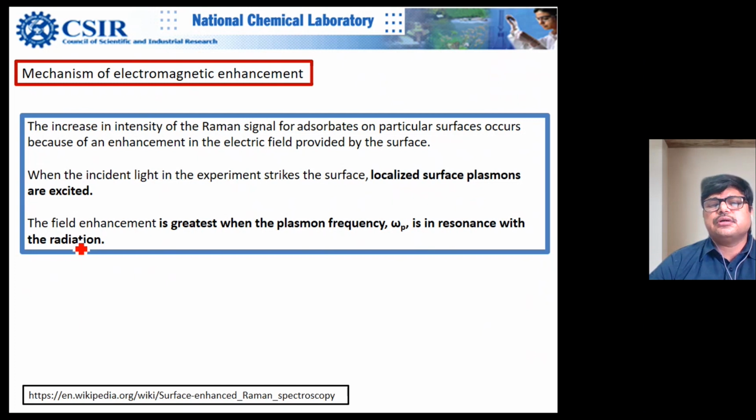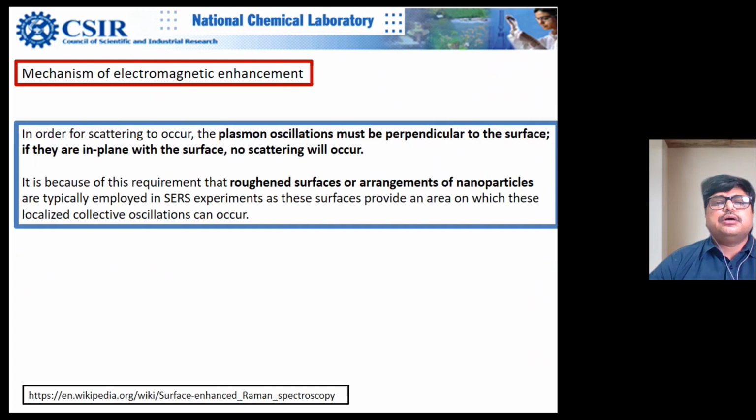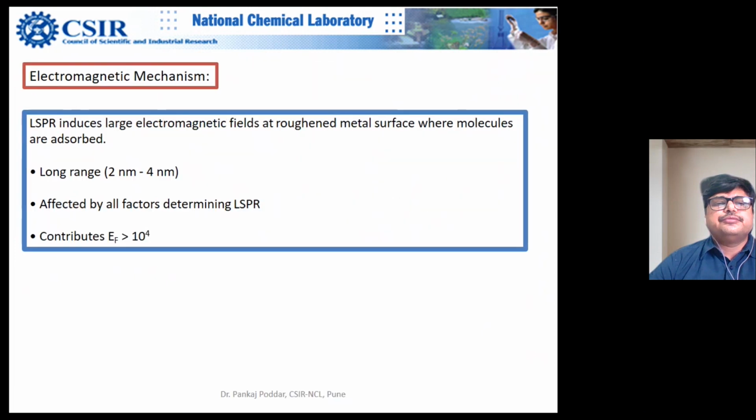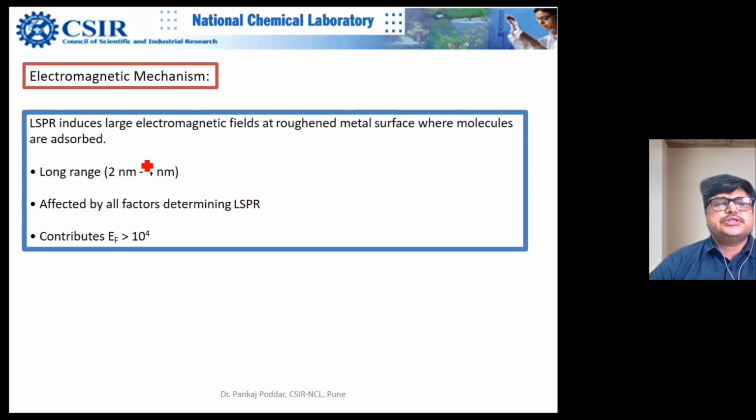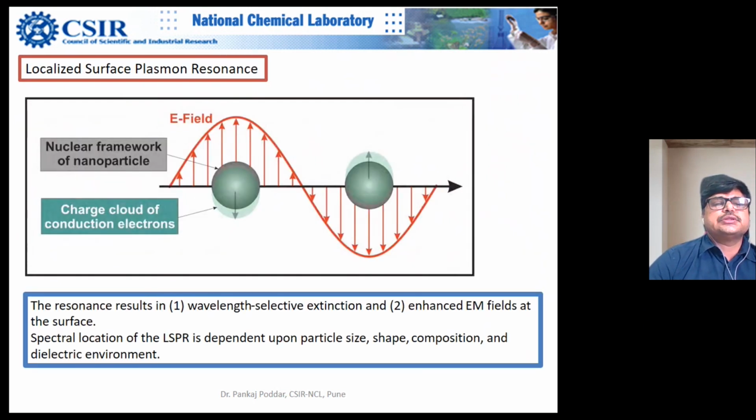You can still see limited enhancement. There are several ways to make substrates. This is actually long range. For example, 2 nanometers, 4 nanometers, your molecule can be slightly away from the substrate, but you will still see the signal, and the enhancement is quite large. So this is how it works.